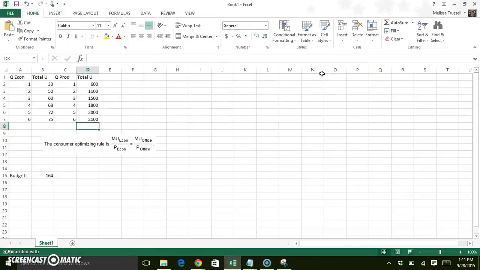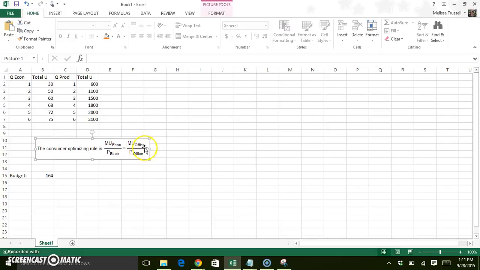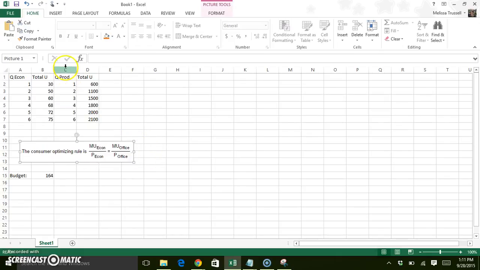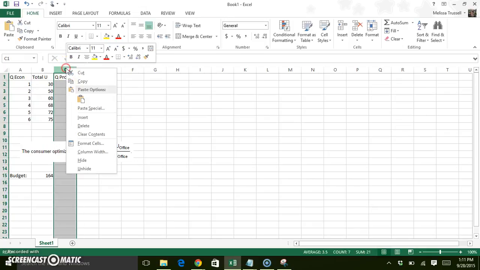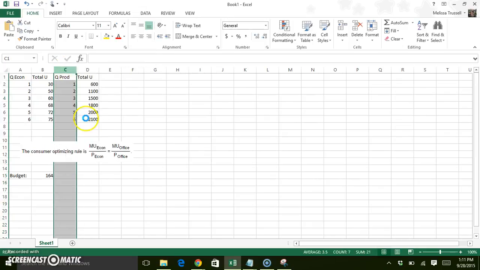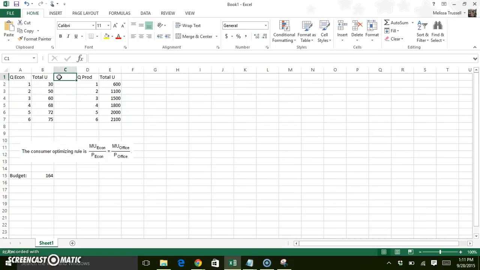So our task is to find where the marginal utility over price equals the marginal utility over price. And I'll do this by adding another column in here for econ. So I'll put my marginal utility for econ apps in this column. And in this column, I'll put my marginal utility for the productivity app.